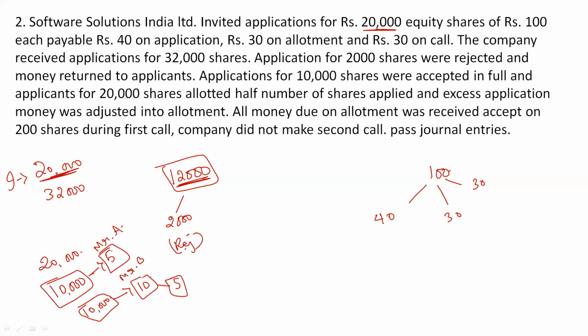This is what we call pro rata allotment. Basically, out of 12,000 extra shares, only 2,000 shares have been totally rejected and their amount refunded, and the remaining 10,000 shares are adjusted with these 20,000 shares itself.